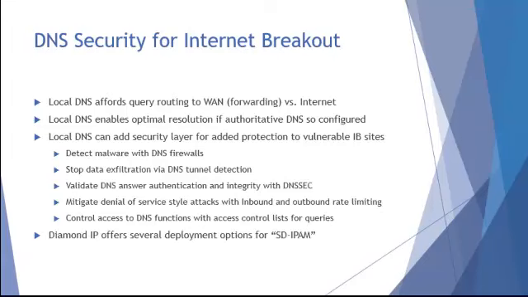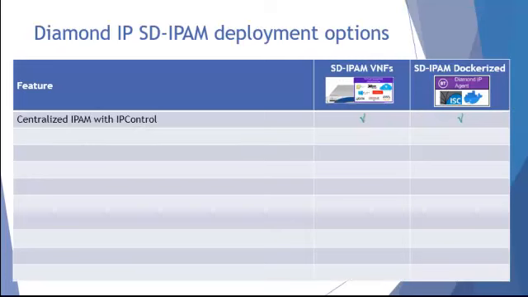Of course, Diamond IP, our organization, enables several deployment options for SD-IPAM, software-defined IPAM, which naturally dovetails nicely into the concept of SD-WAN. So we basically have a couple of different options where we offer centralized IPAM, centralized IP address management with what we call IP control. That's our centralized management solution. In essence, the SD-IPAM brains that resides in the control plane. And then you can have distributed DNS servers in your data plane at your SD router sites.